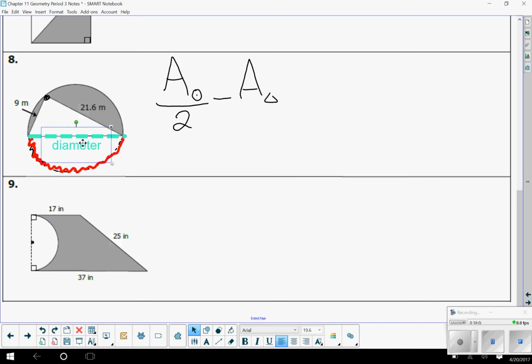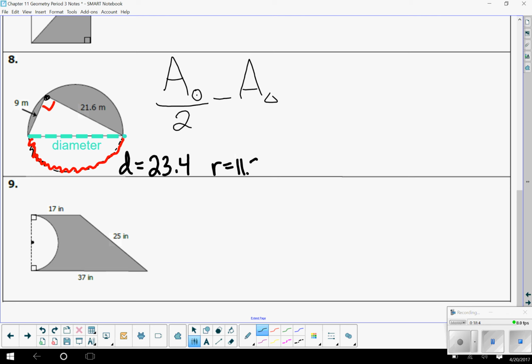That's your diameter. So then you can do your Pythagorean theorem that way and get your diameter. It comes out as 23.4. So your diameter, just gonna help you out here, so your radius is 11.7. Okay?